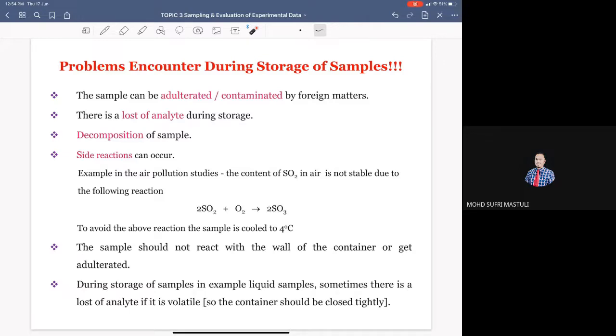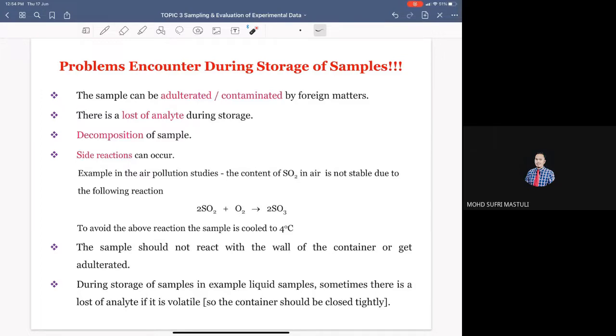If the liquid is very volatile, the analyte that we want to analyze will evaporate. So just imagine different liquids with different volatility.